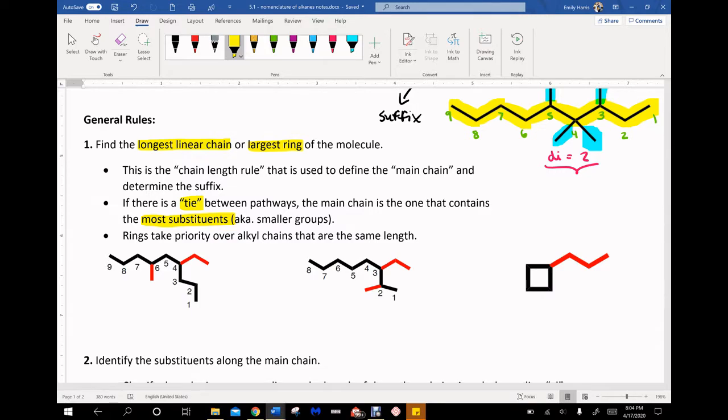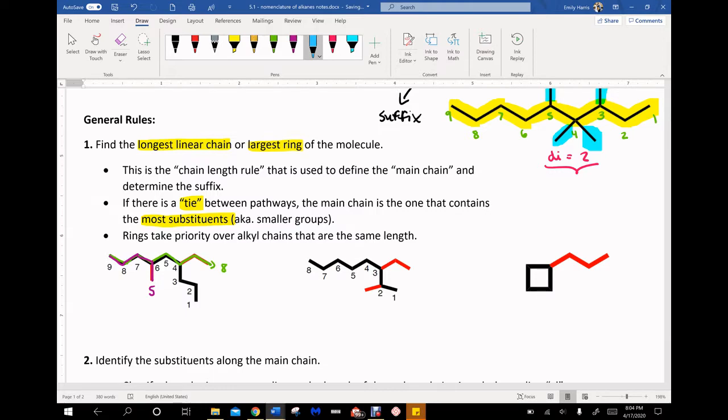So when we've got our molecule, like this first one, let's pretend that we're trying to find the longest pathway we can build. So we might go 1, 2, 3, 4, 5, 6, 7, 8. So going this direction, I counted 8 carbons. Let's see if I go here. 1, 2, 3, 4, 5. So this is a 5 carbon long pathway.